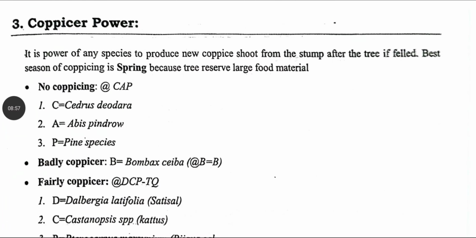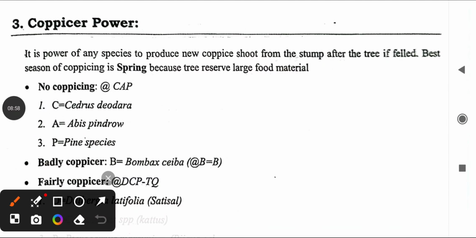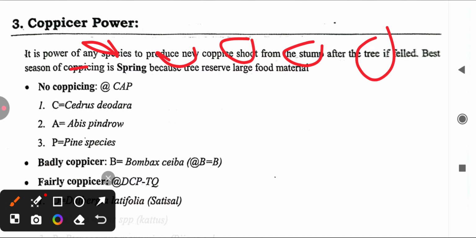And coppice power: it is the power of any species to produce new coppice shoots from the stumps after the tree is felled. Best season of coppicing is spring, because trees reserve large food materials.